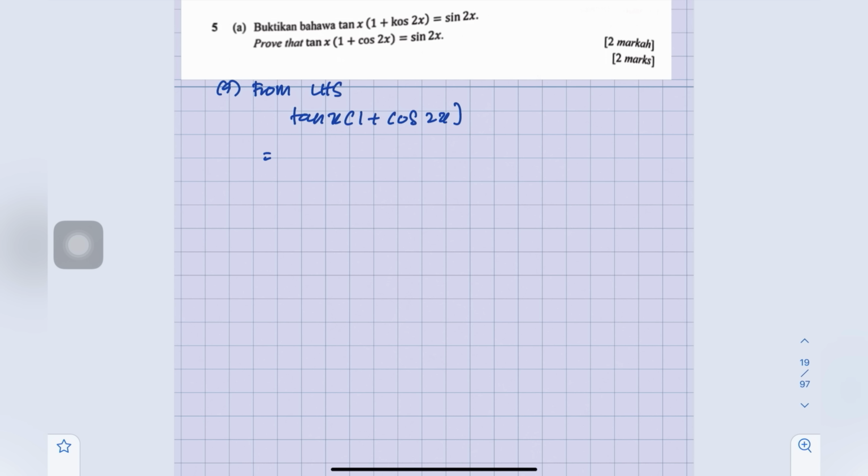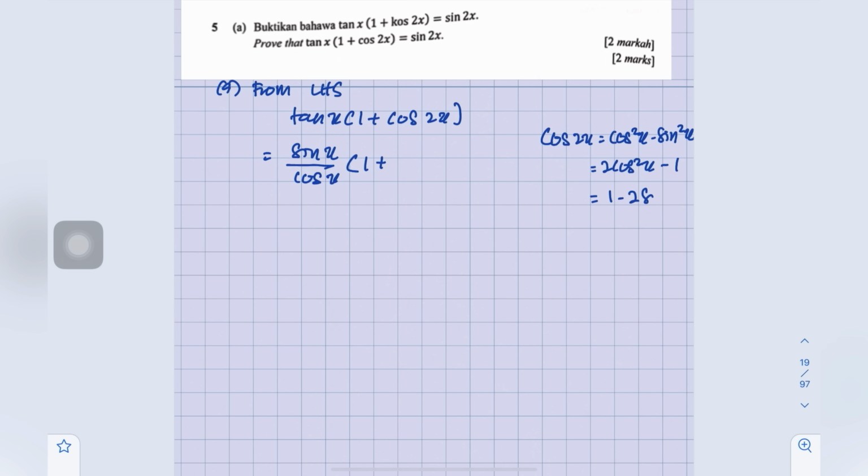We can substitute tan as sine over cos, so sin x over cos x, times 1 plus cos 2x. For cos 2x, we have three choices: cos² x minus sin² x, or 2cos² x minus 1, or 1 minus 2sin² x.